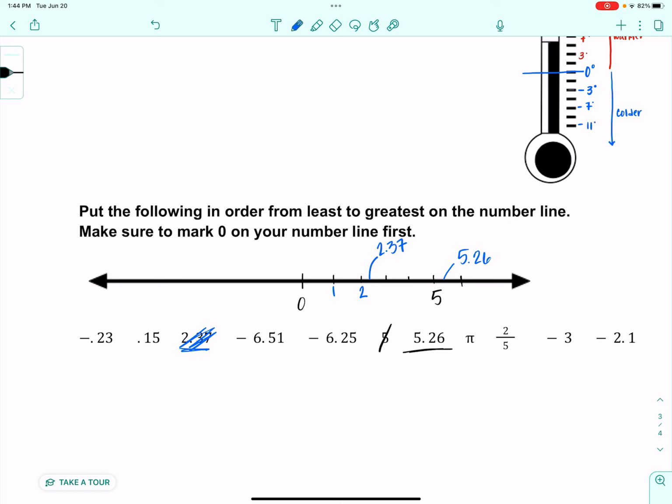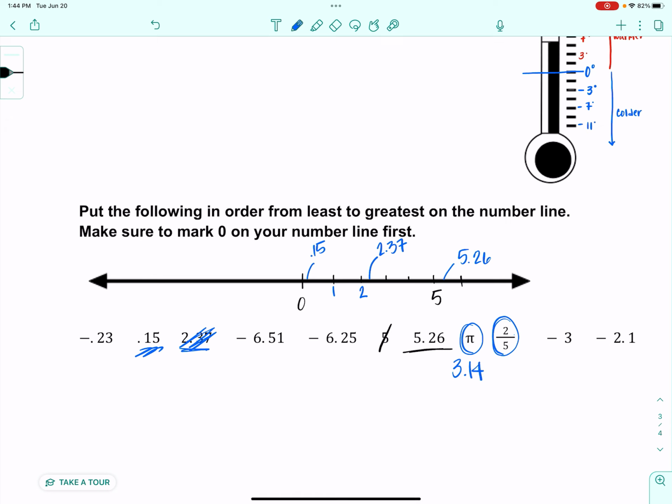If I look at the rest of my positives, 0.15, that's like 15 cents. That is way smaller than $1. So I'm going to put it right down here. Now I have two more. I have a pi and I have a 2/5. The pi I know is about 3.14.